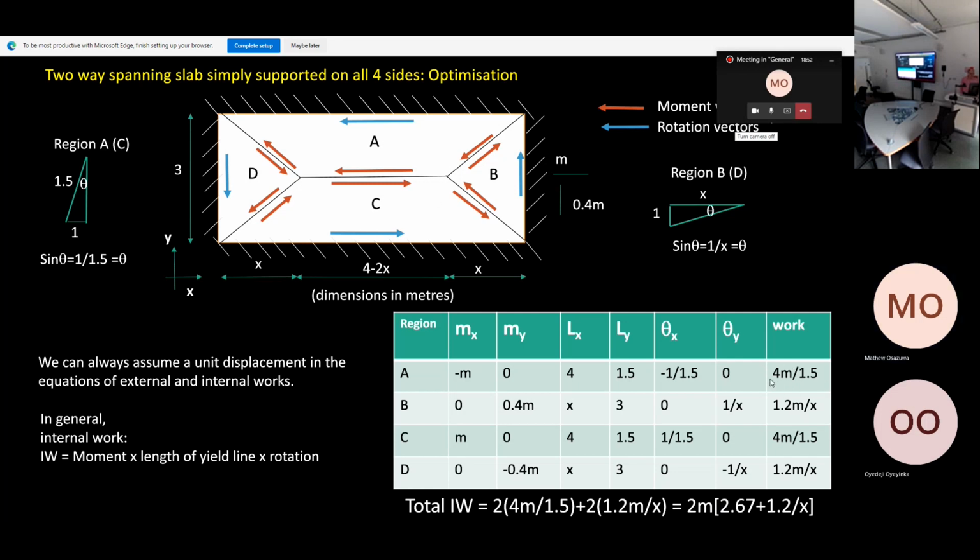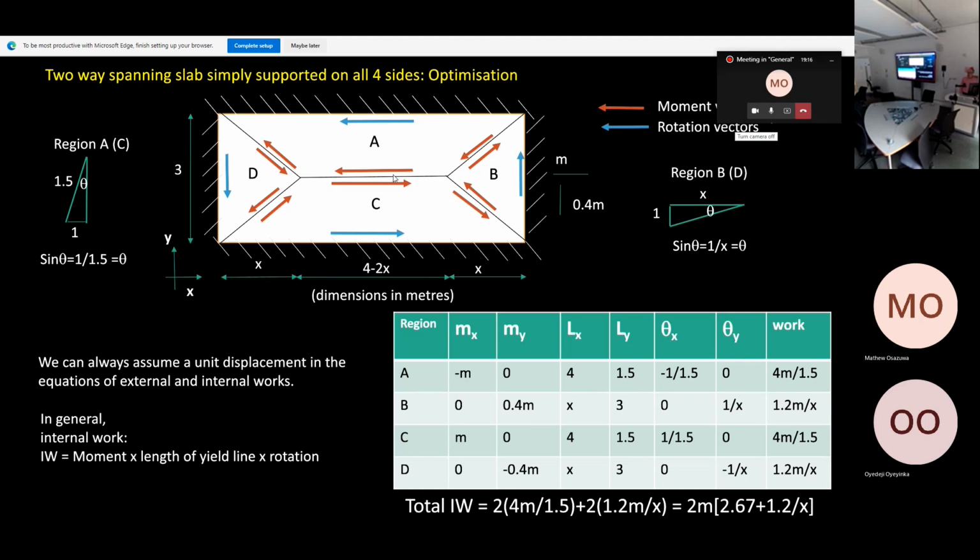So you add these two together, 4m over 1.5 plus 4m over 1.5. So that's twice. And the same here, you've got 1.2m over x and 1.2m over x, so it's twice.